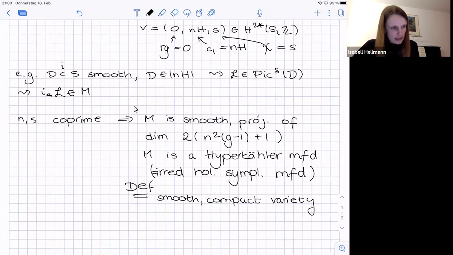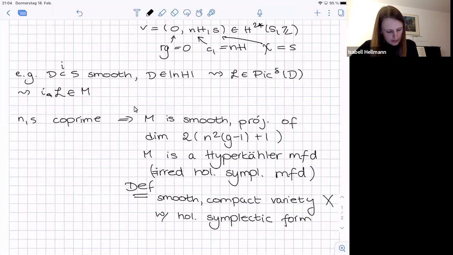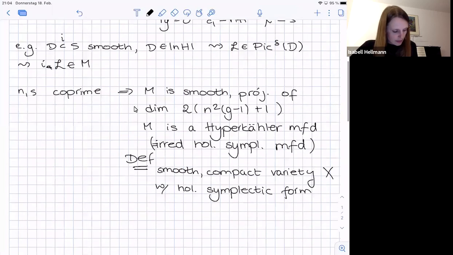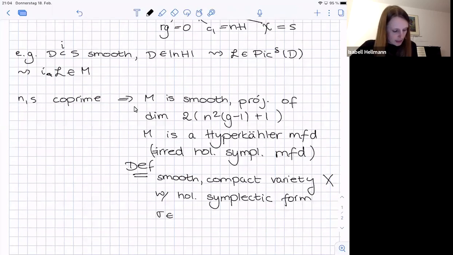Call this variety X, with a holomorphic symplectic form, which I call sigma in H0(X, Omega^2). It's a symplectic form, meaning it's non-degenerate, and it's unique up to scalar.